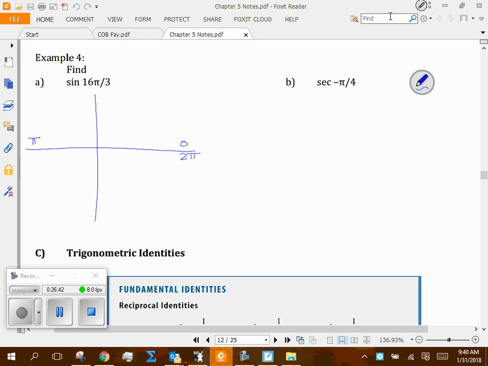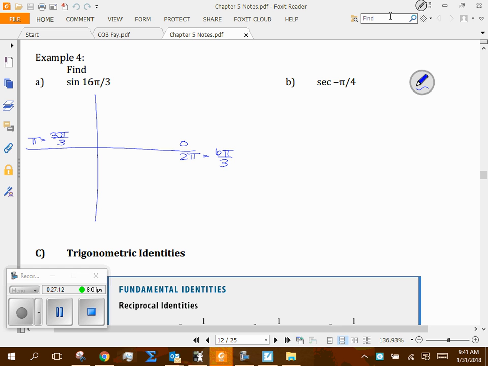So, instead of writing this as 2 pi, I'm going to write this as 6 pi over 3. Instead of writing this as pi, I'm going to write it as 3 pi over 3. And now because every component inside the problem has a denominator of 3, the comparison is just between the 16 pi, the 3 pi, and the 6 pi. Does that make sense? You only have to compare numerators.